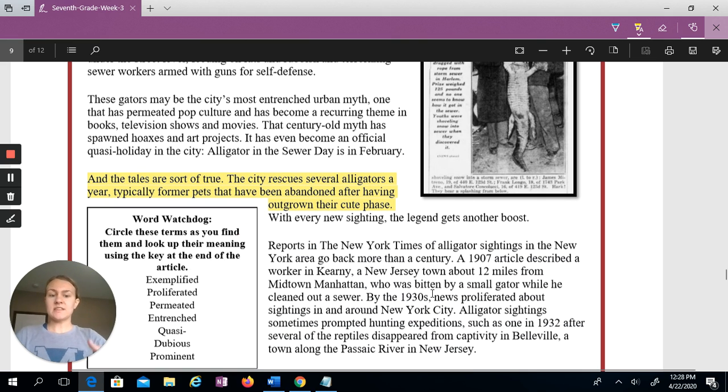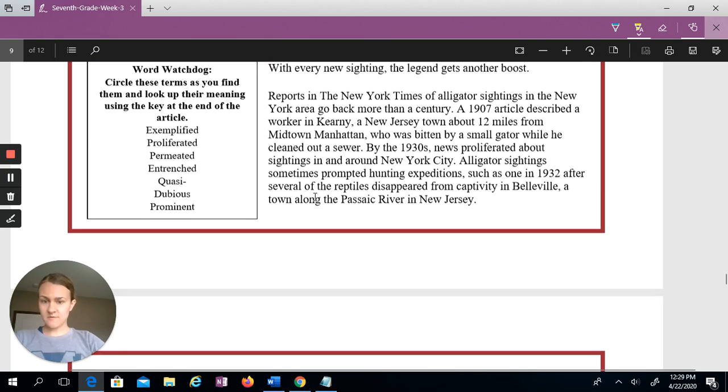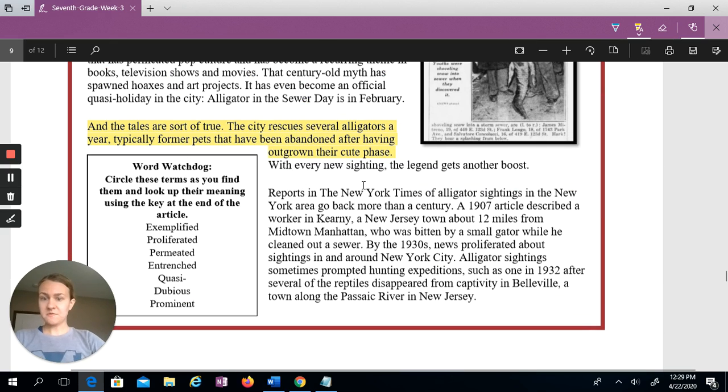So that's why it's helpful to find more than just two. Finding quotes throughout the article helps you with this one. If you look, this first quote says it's "sort of true," that he rescues several alligators, typically former pets that have been abandoned after having outgrown their owners. So further, alligators have been found.